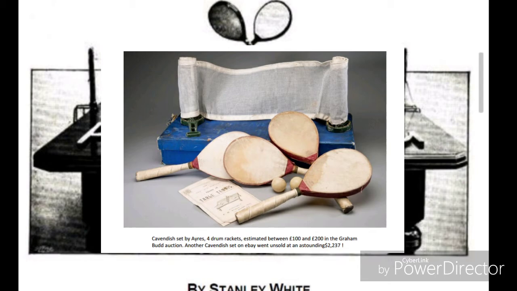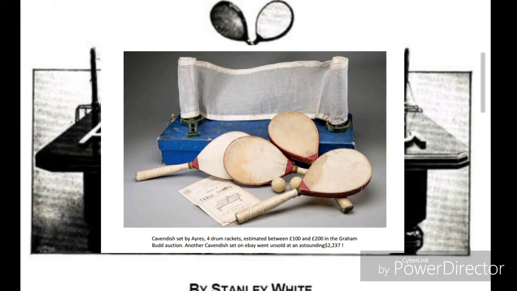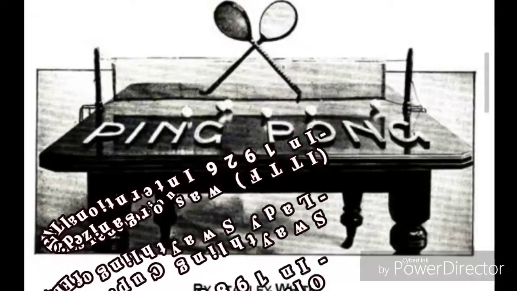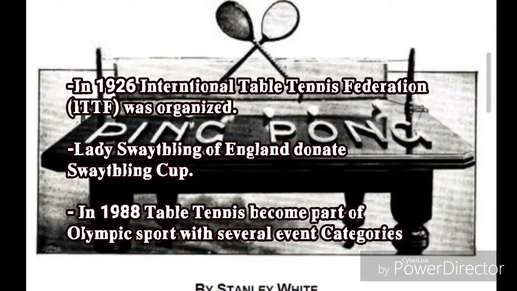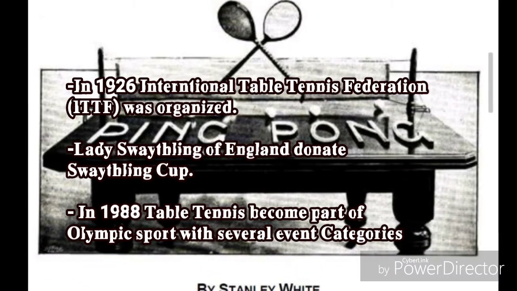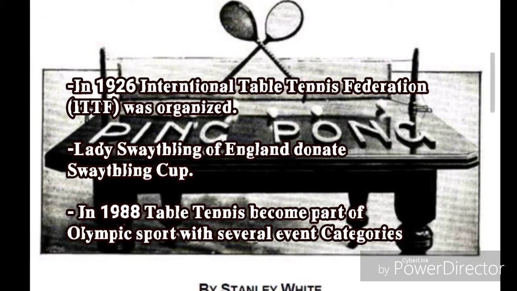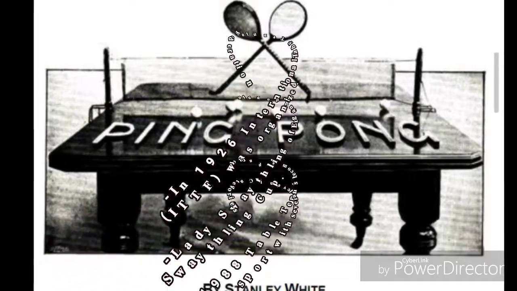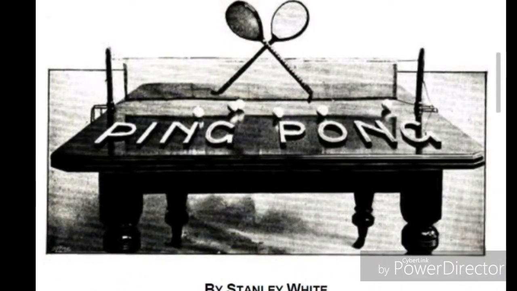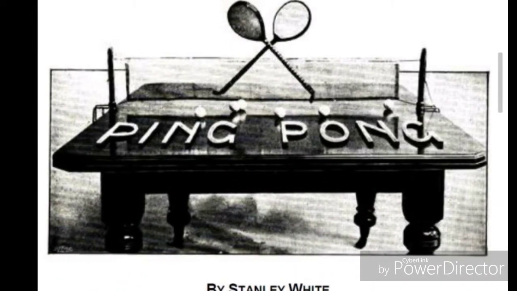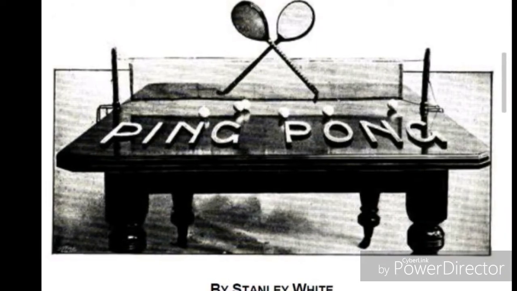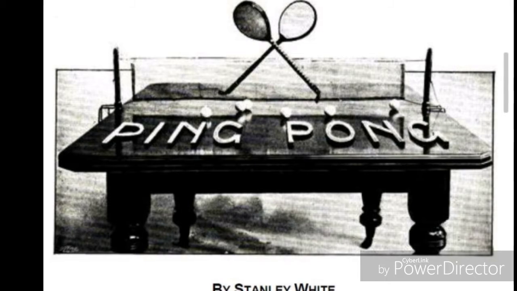In 1926, the International Table Tennis Federation, or ITTF, was organized, and in the same year, international team competitions were inaugurated by Lady Swaythling of England and the Swaythling Cup. In 1988, table tennis became part of the Olympic sports with several event categories: men's singles, women's singles, men's doubles, and women's doubles.